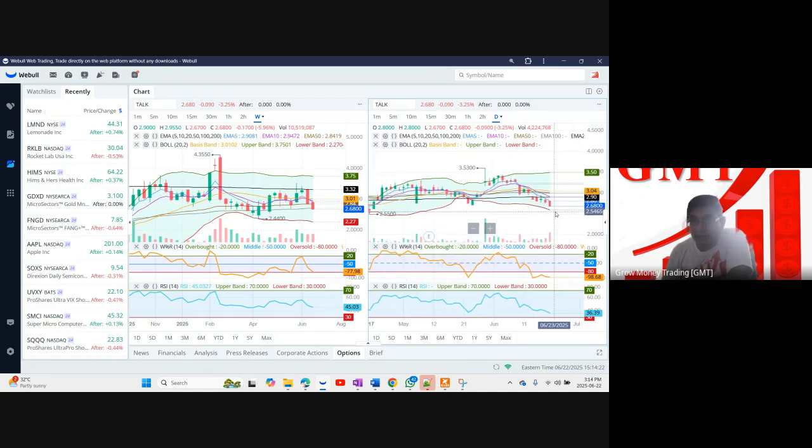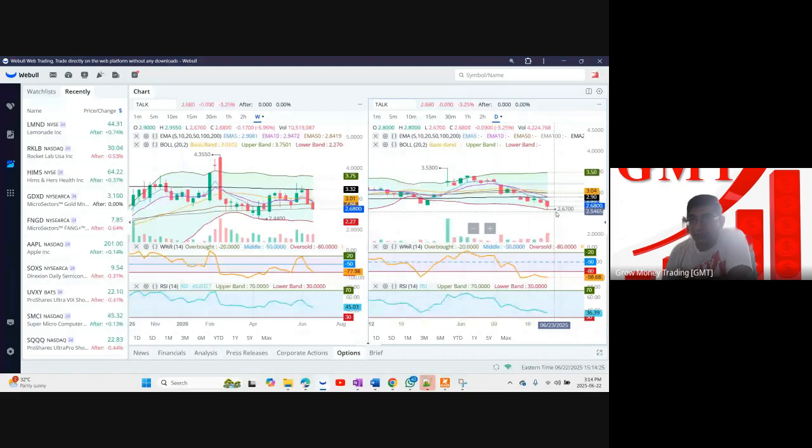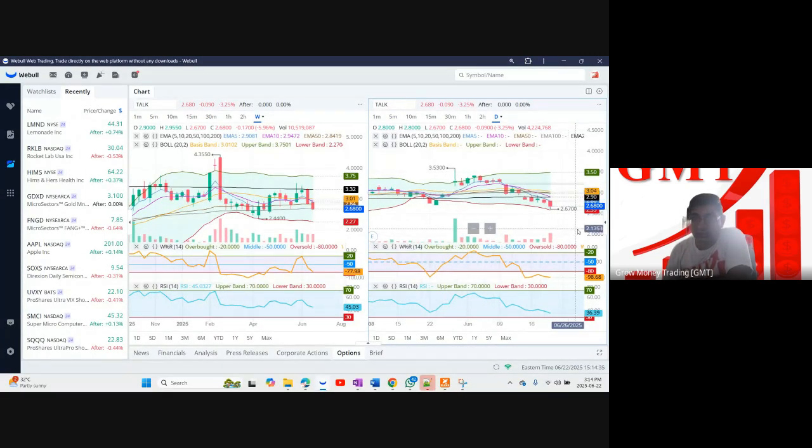Buy at $2.50 for the first target at $2.80, which is 30 cents profit, and the next one is $2.90. Third target should be $3. And if you want to still hold, $3.30 could be the third or fourth target.